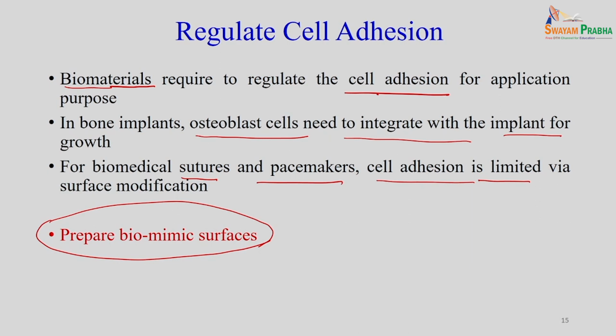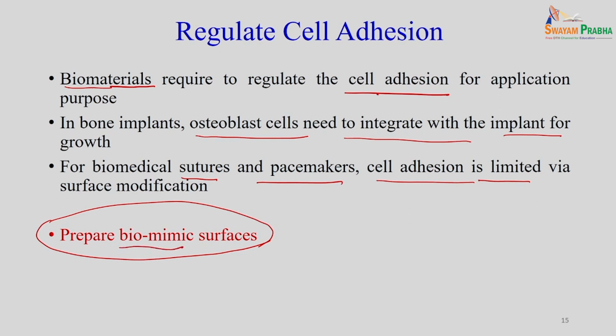So, particularly if you look at the bone surface, it promotes the attachment of the particular tissue, but at the same time it avoids the blood clotting, or you can say the biofouling.